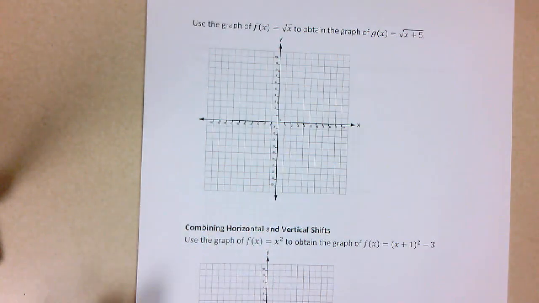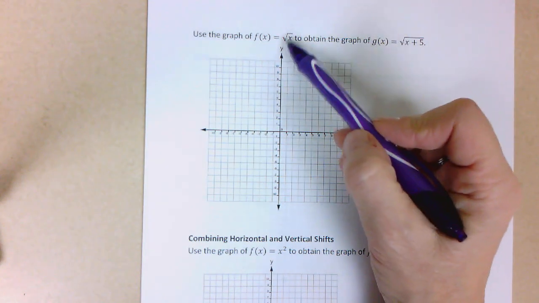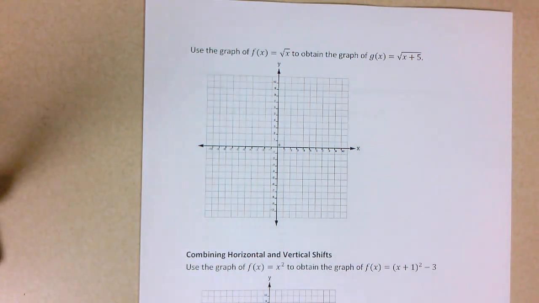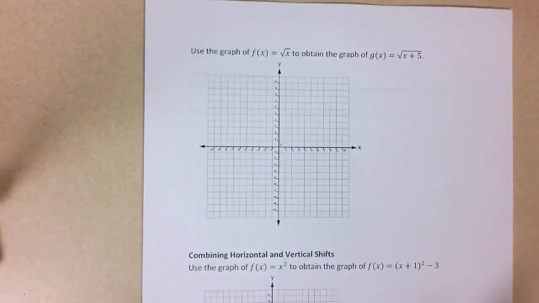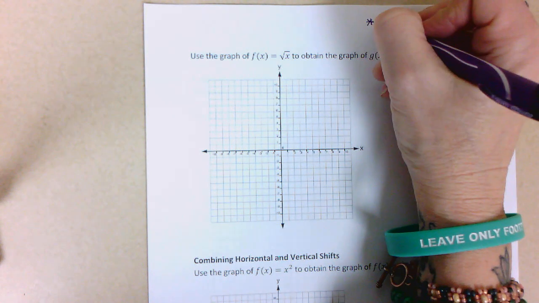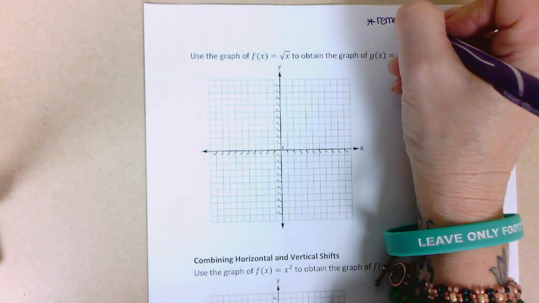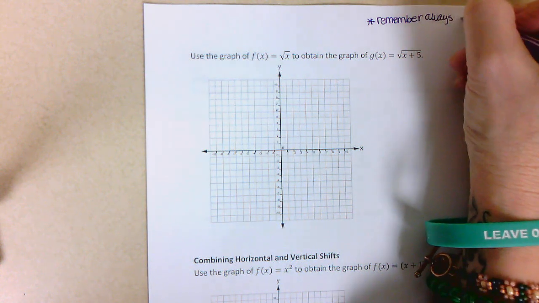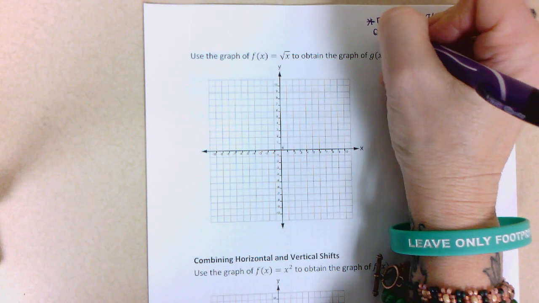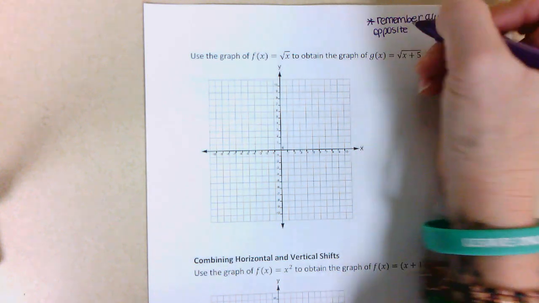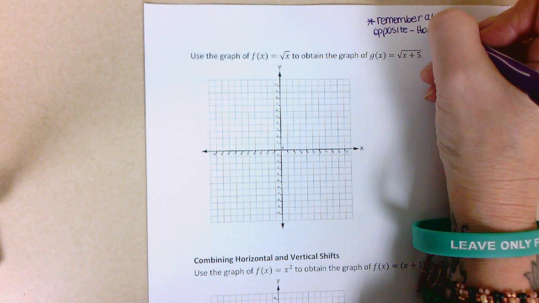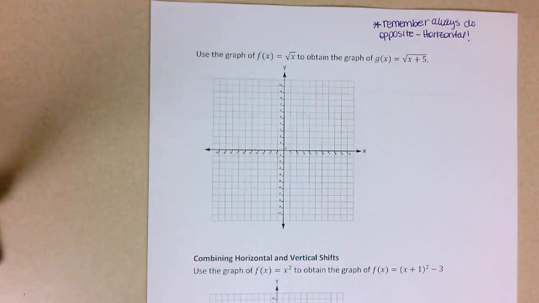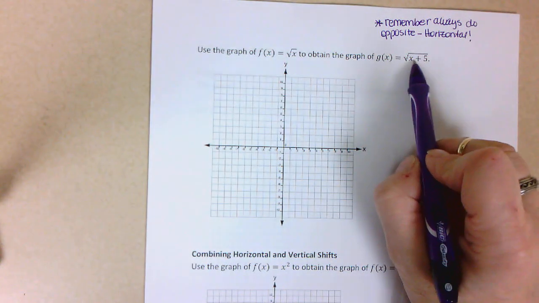So let's do one of these. So we're going to have the absolute value of x. So remember, always do the opposite when it's horizontal. Alright, so in here he is with x, right?